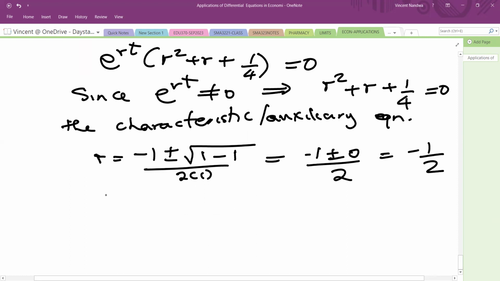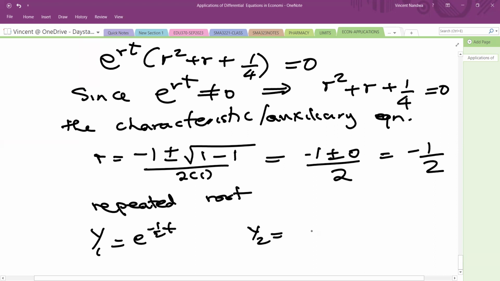So which is a repeated root? For a repeated root, the solutions will be y1 equals e raised to the power negative a half t, and y2 equals t e raised to the power negative a half t.